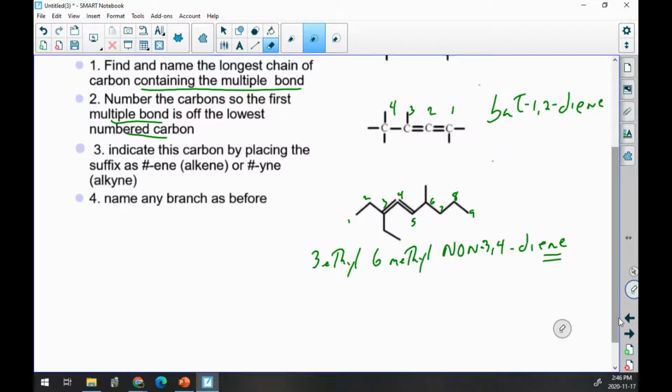So I'm going to number so my double bonds get the lowest numbers possible. I don't want to see two ethyl, pent-4-ene. I would number it the other way around because I want to see the ene off the second, not the fourth.